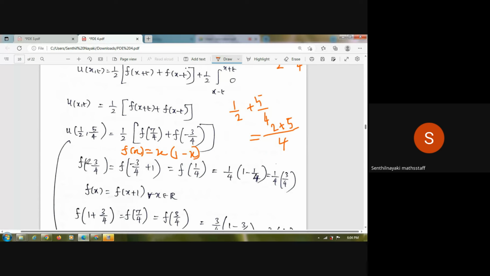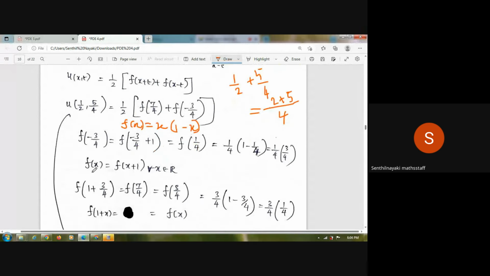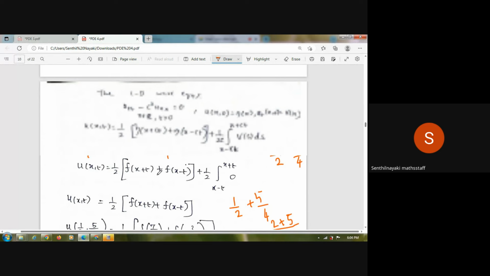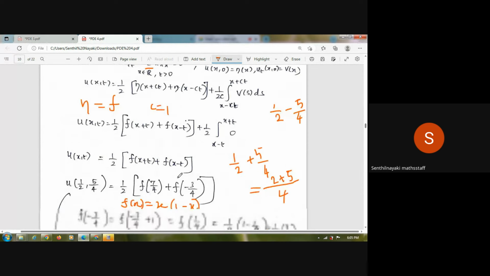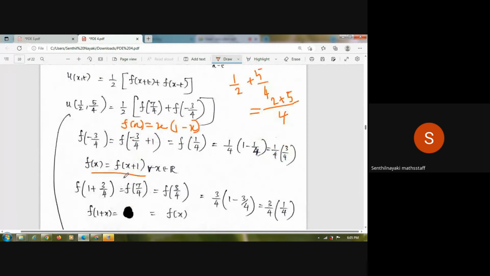So f of minus 3 by 4 means f of minus 3 by 4 plus 1, since f of x equal to f of x plus 1, that is given in the question itself. f of x plus 1 equal to f of x. So f of minus 3 by 4 can be written as f of minus 3 by 4 plus 1.